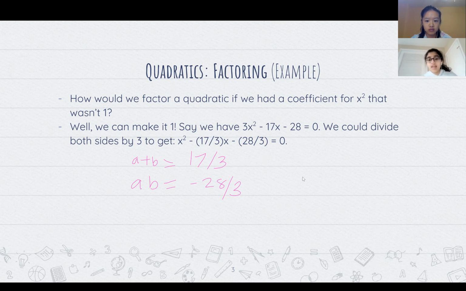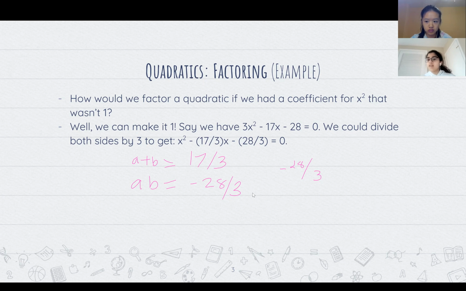And we also know that negative 28 thirds and 17 thirds are the product and the sum respectively. So one of these values has a denominator of 3 and the other one is an integer, because that would make both the product and the sum have a denominator of 3.